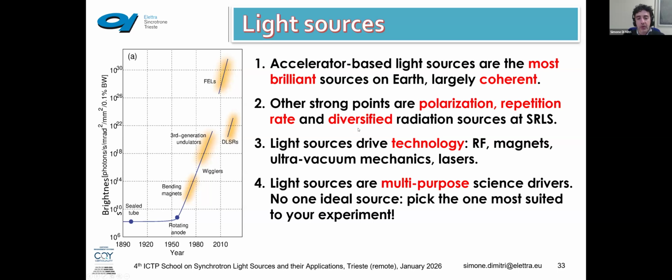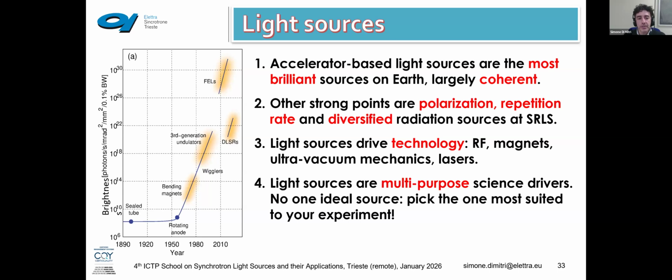One of the strongest points of synchrotron light sources is that they're extremely flexible in providing control of light polarization, which, if you are not familiar with this term, basically describes the plane in which the electric field or magnetic field associated to an electromagnetic wave is oscillating.